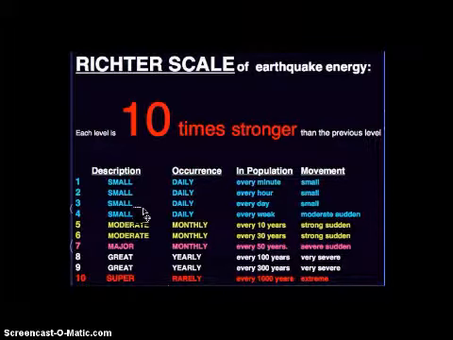I don't know that we've ever had something above a 10, but we came pretty close with that magnitude 9 earthquake off the coast of Japan, and I believe the one in Haiti was pretty close as well. So you can see how often they occur, and a 9 is about every 300 years, and that's considered very severe. The movement happens a lot.